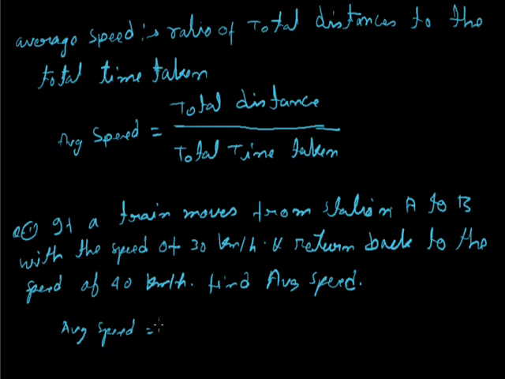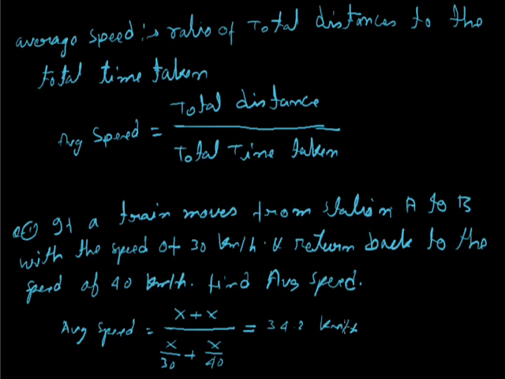Total distance from A station to B is, let us assume x, so total distance x plus x, 2x, and total time taken: speed is equal to distance upon time, so time is equal to distance upon speed. From A to B speed is 30 and from B to A speed is 40. When you calculate this, you'll get 34.28 kilometer per hour.